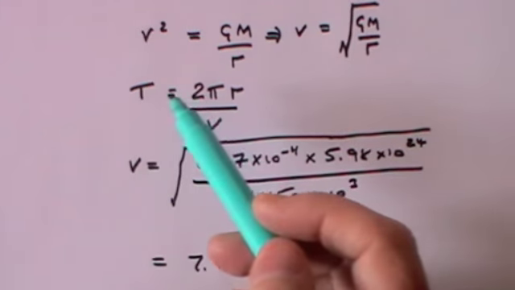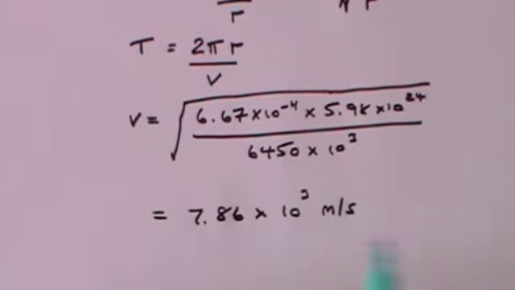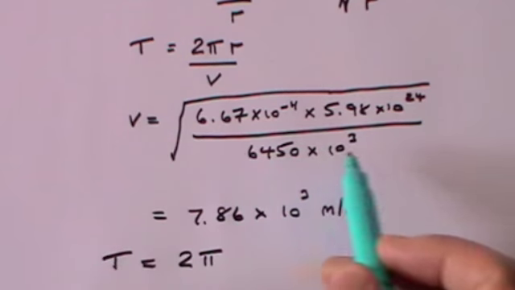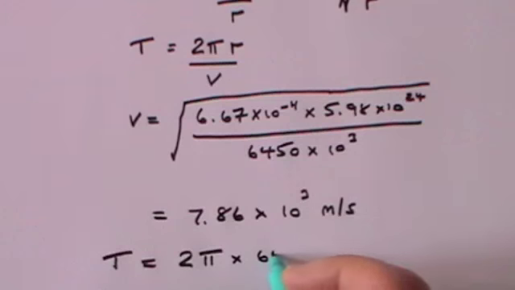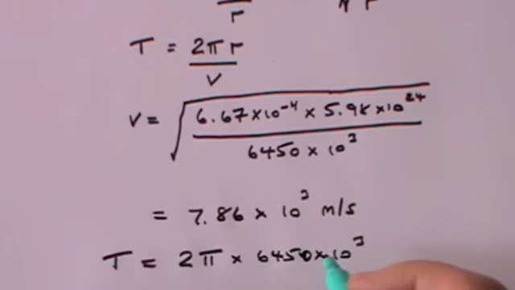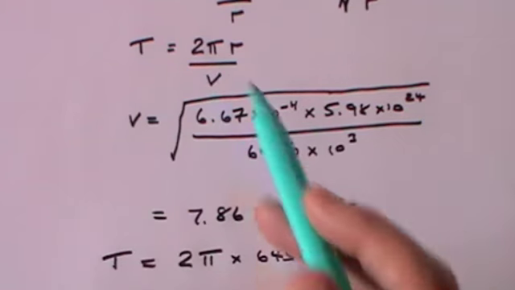And then using this formula here, we can just find what T is. T is going to be 2 times pi times the radius, which again is going to be this value, 6,450 times 10 to the 3. That is, just to remind you, the Earth's radius plus the distance above the Earth that the satellite is travelling, divided by the velocity.